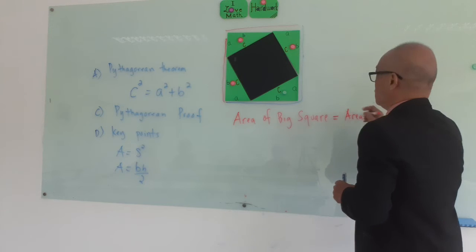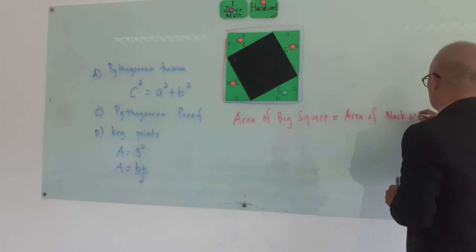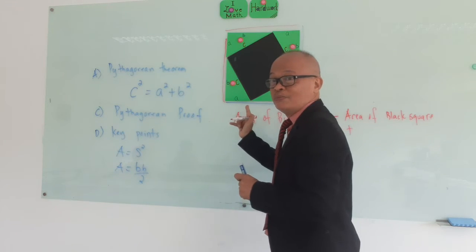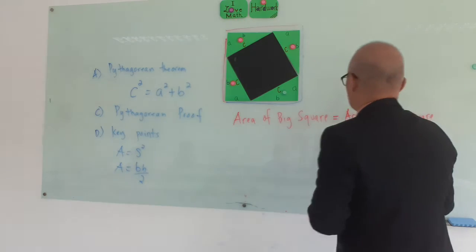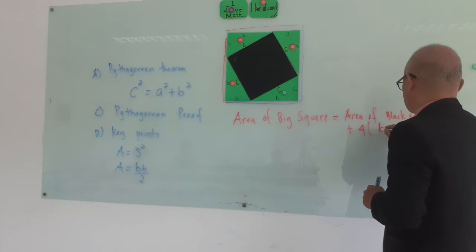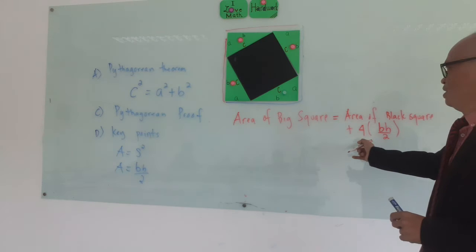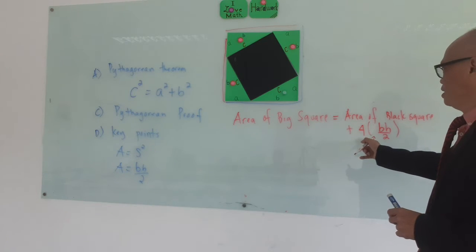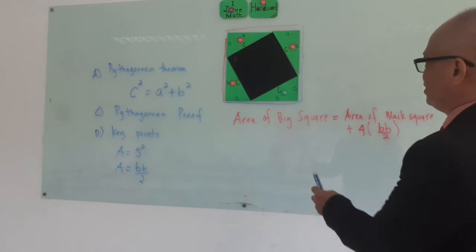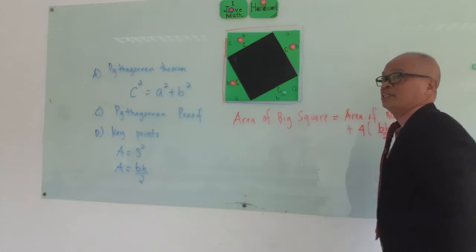The area of the big square is equal to the area of the black square plus the area of the four small triangles, 4 times base times height over 2. Agree or disagree with this? This is true with the illustration that we have.